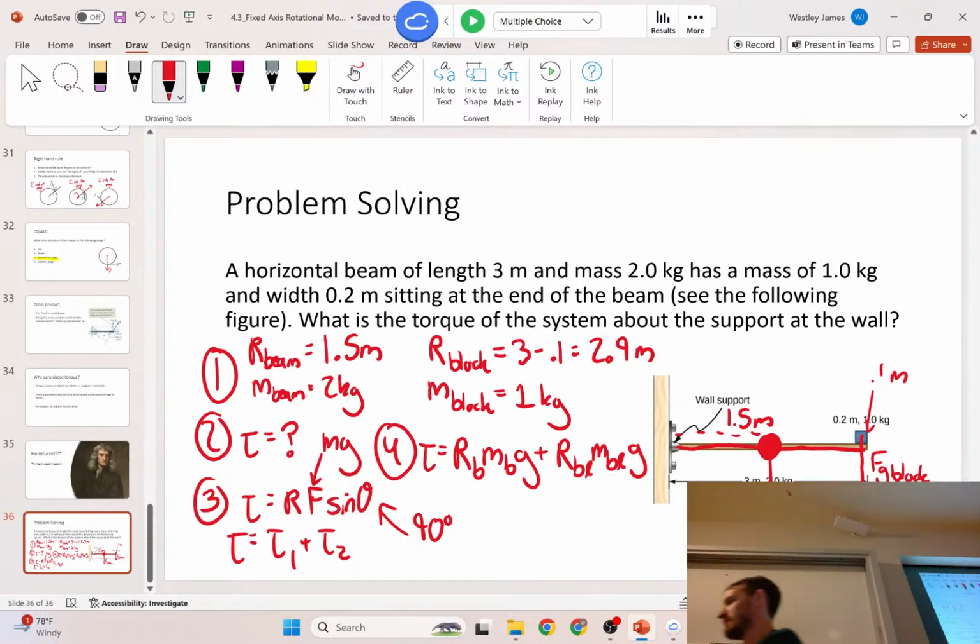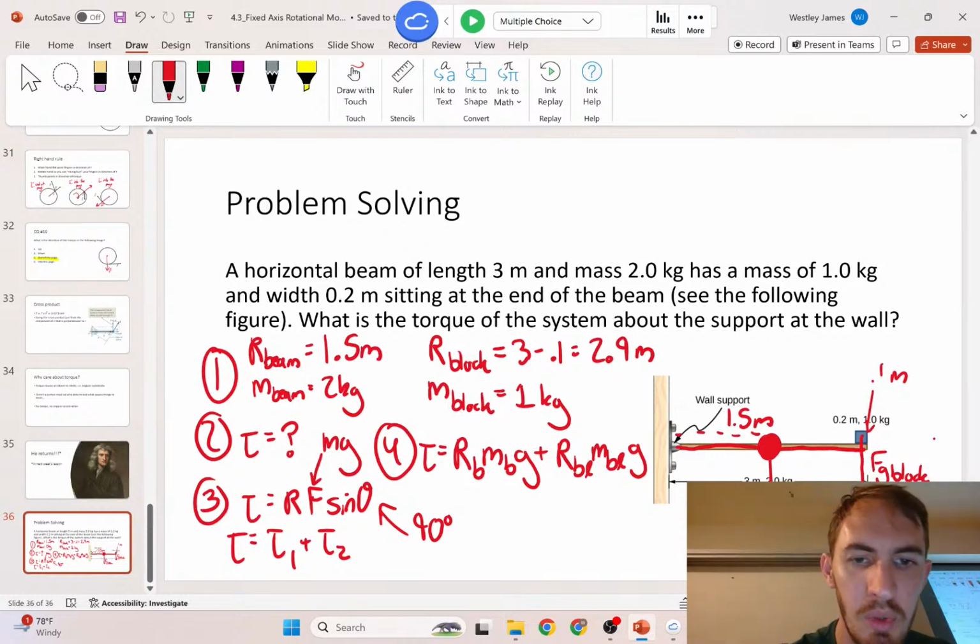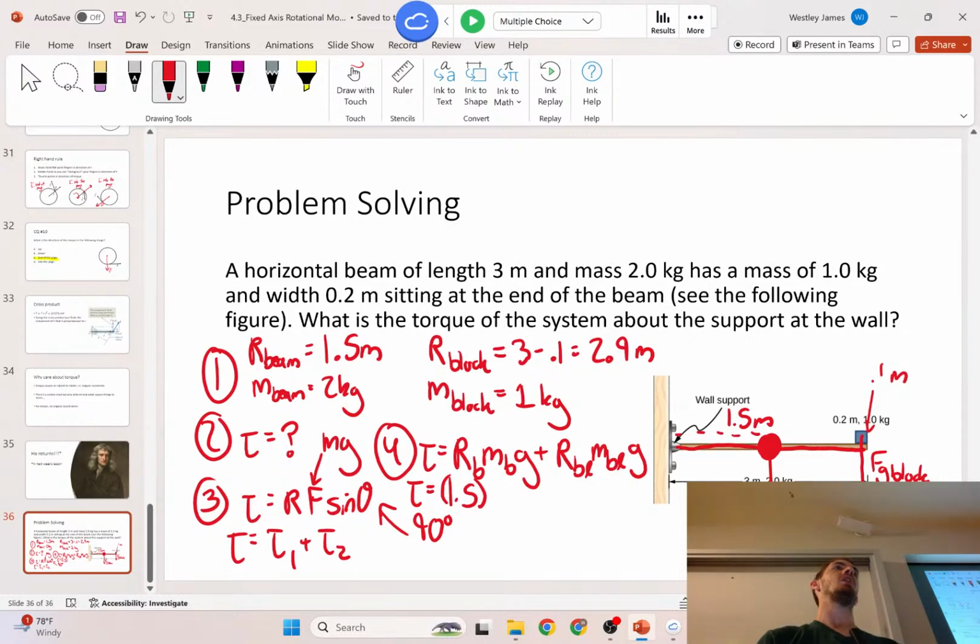We got a couple minutes, so I'll just chuck it in the calculator real quick. Block. I just didn't write the word block. Radius of block, mass of block. So let's write it out with numbers. The more you write out, the less likely you are to make a mistake. That rule will carry through the rest of your all's college career.